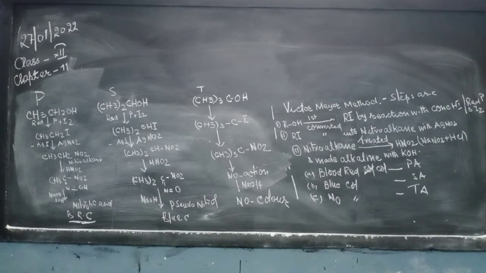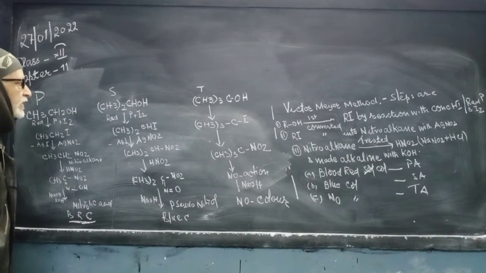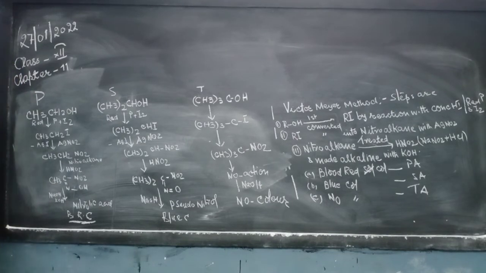Students, now I have written here the reactions. P indicates primary alcohol, S indicates secondary alcohol, and T indicates tertiary alcohol. Please look here. This is your primary alcohol, CH3CH2OH.